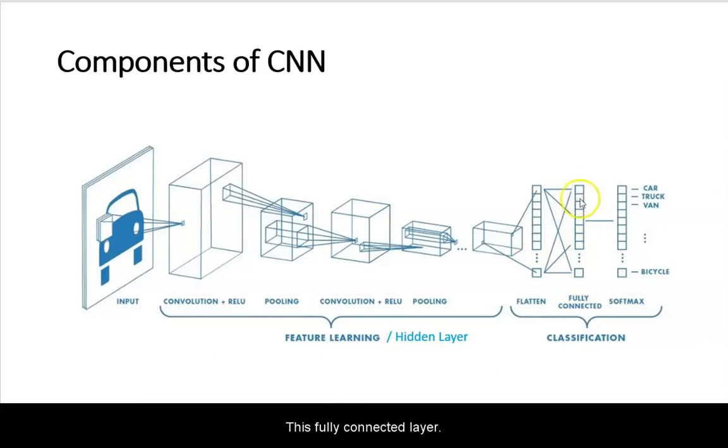And this fully connected layer can only accept one-dimensional data. So whatever 3D data we have at the end of this feature extraction is flattened in order to convert it into a one-dimensional vector, which is then connected to a fully connected neural network.